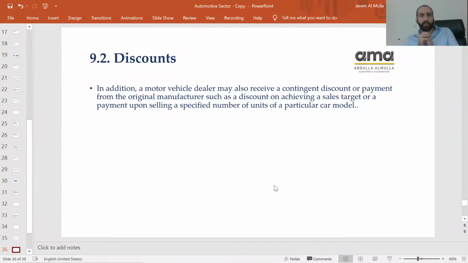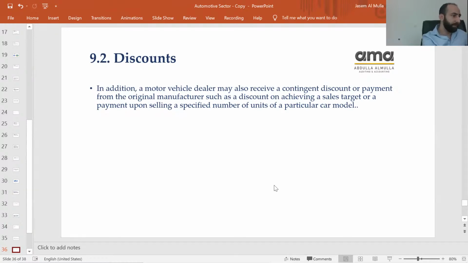In addition, a motor vehicle dealer may also receive a contingent discount or payment from the original manufacturer, such as a discount on achieving a sale target or a payment upon selling a specified number of units of a particular car model. Here, in this case of contingent discount or payment, the parties should evaluate whether the discount payment in reality reduces the original value of the car, or is in fact consideration for a separate supply made by the motor vehicle trader.